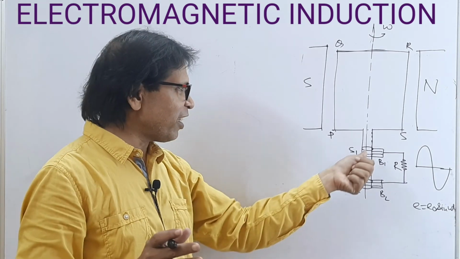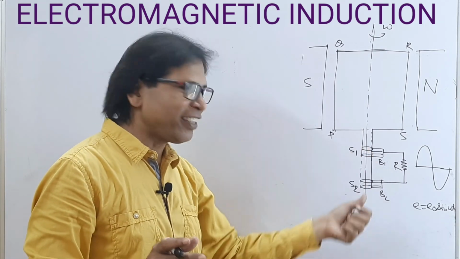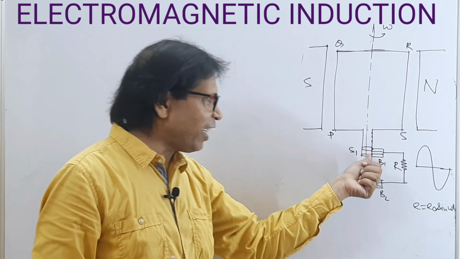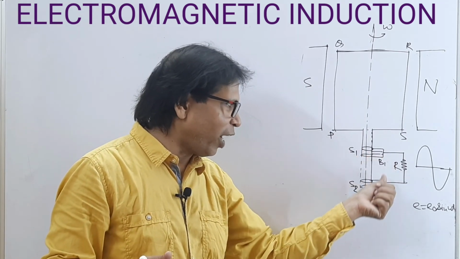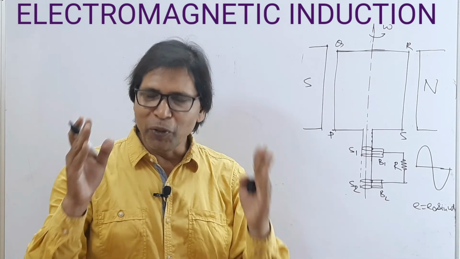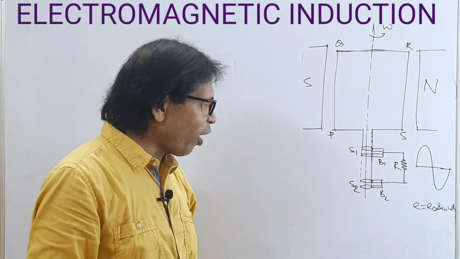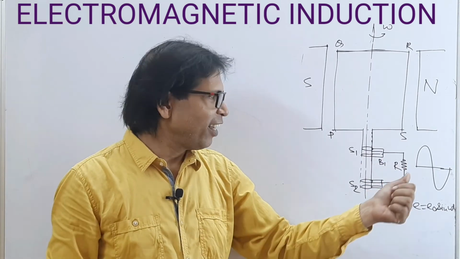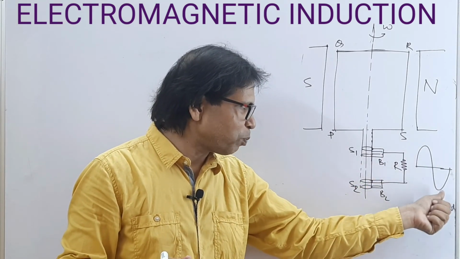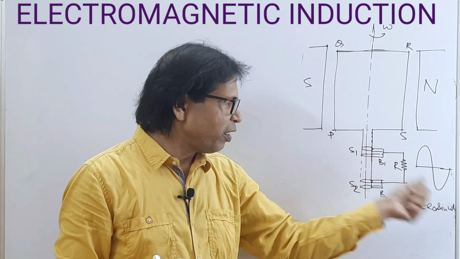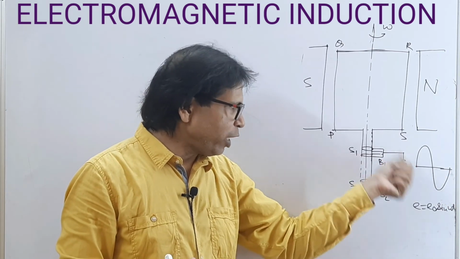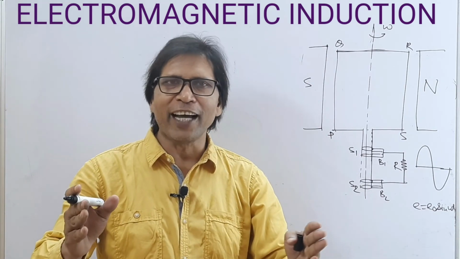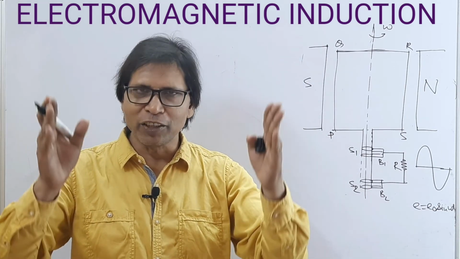Now next, slip rings. Slip rings also rotate with the armature coil and they are in contact with the brushes B1 and B2. And B1 and B2 are in contact with the slip rings S1, S2 and the external circuit. And this external circuit gives the output EMF, E equals E naught sin omega t, that is, the AC voltage is obtained.